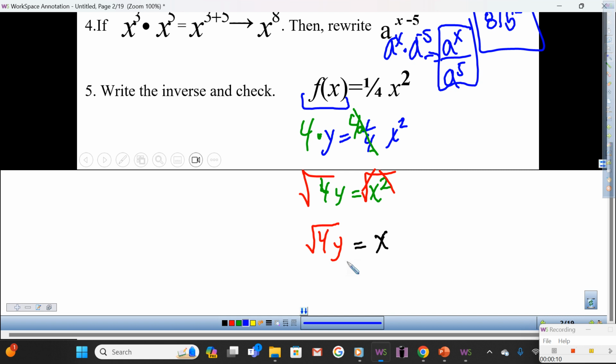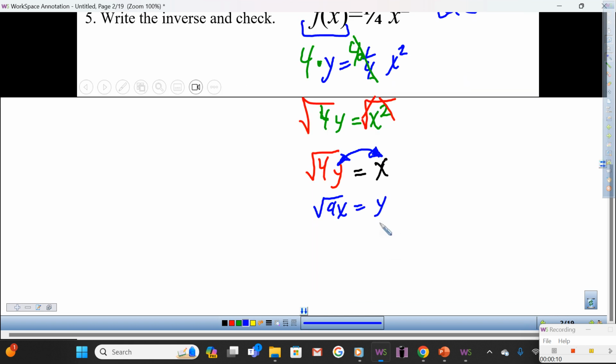What do we need to do? Very good. He said exchange the variables. Very good. This is square root of 4x equals y. Can we leave it in y form? No. So we got square root of 4x equals f inverse x.